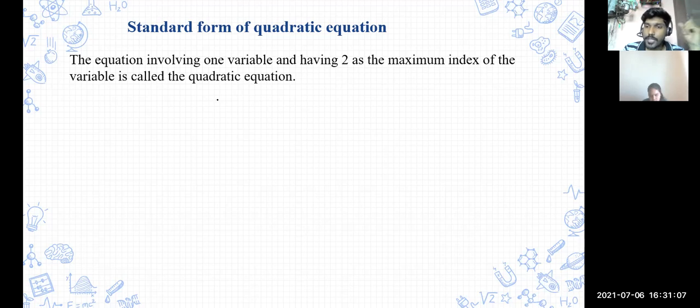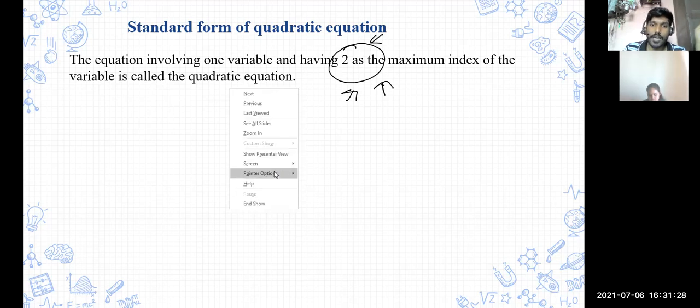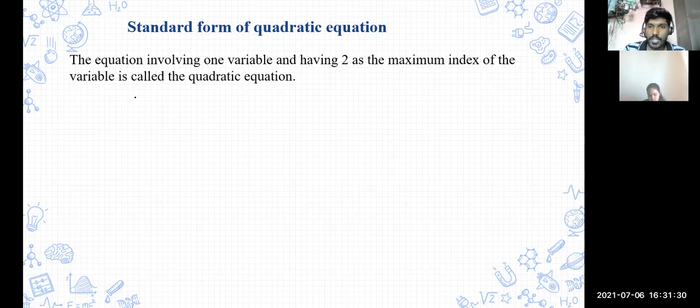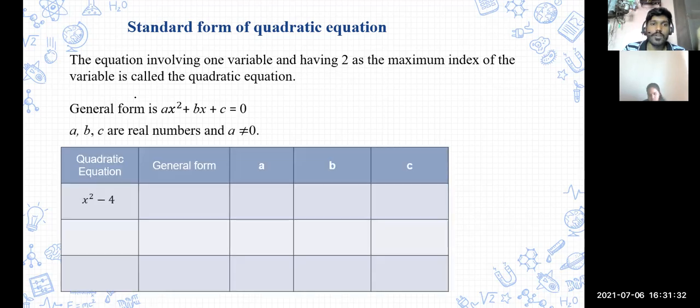Second, the highest power of that variable should be 2. It should not be -2, -3, and so on. It has to be plus 2. Then only that equation will be a quadratic equation. Otherwise, it will not be.